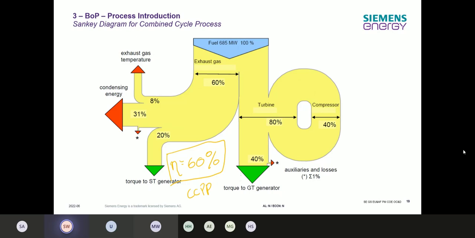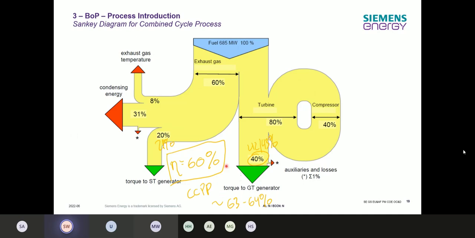The new power plants now are somewhere at around 63 to 64% overall efficiency. That's with increases mainly on the gas turbine side. What I said, probably 42, 43% over here, and then here probably 21%. And then you're getting to 63, 64% overall efficiency from the combined cycle.